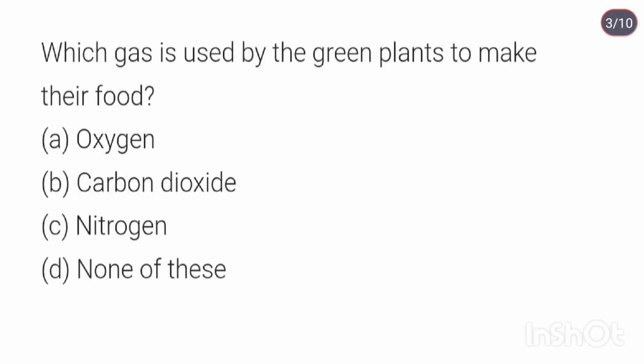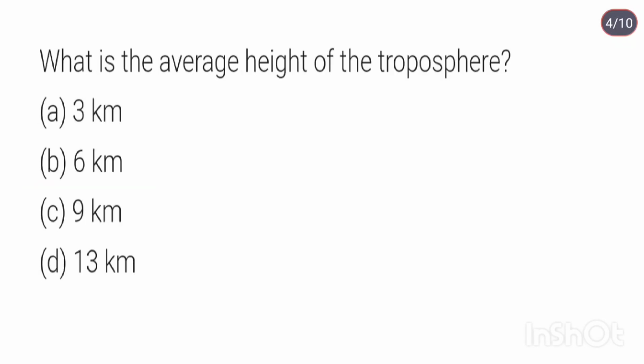Which gas is used by the green plants to make their food? Carbon dioxide. What is the average height of the troposphere? 13 kilometer. The troposphere layer is the nearest to the Earth's surface.